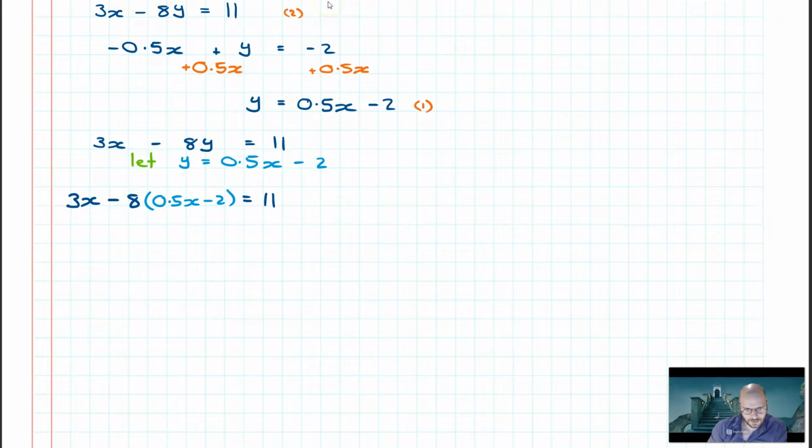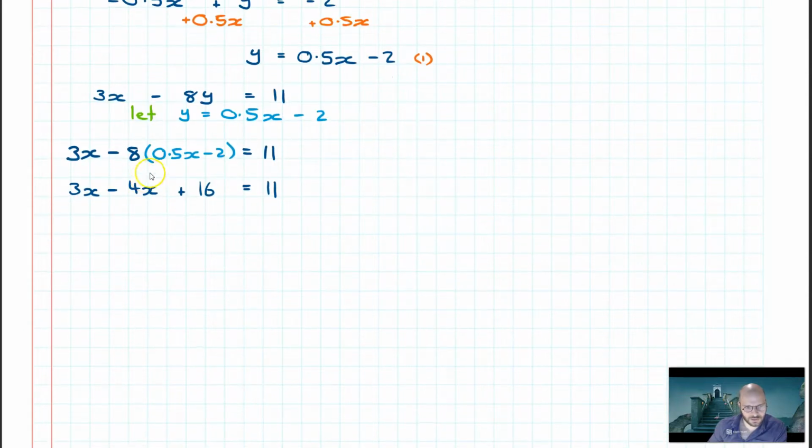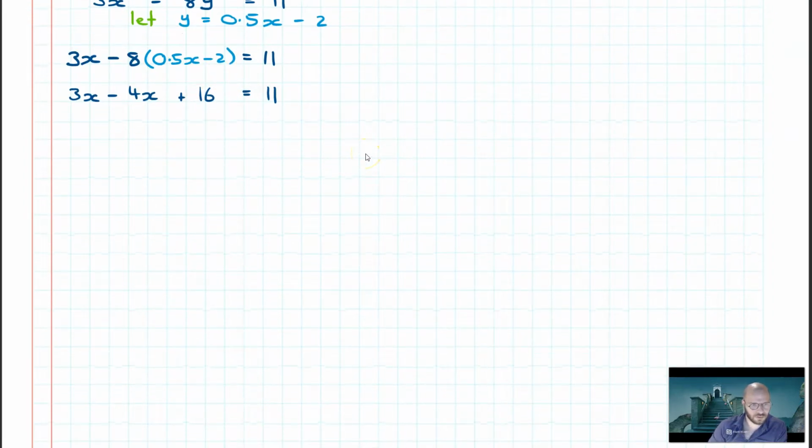Opening up the brackets, I get minus 4x plus 16. The minus 4x coming from the minus 8 times 0.5x, and the 16 coming from the negative 8 times negative 2, so double negative makes it positive. Next step, I need to collect my like terms, so 3x minus 4x is negative x, and there's still the 16 and the 11.